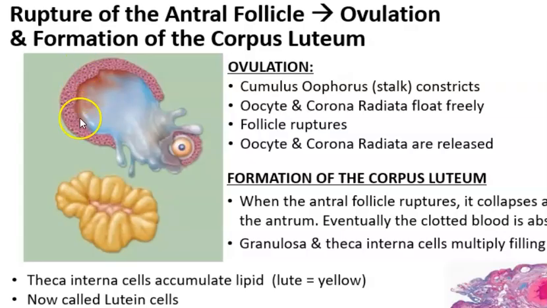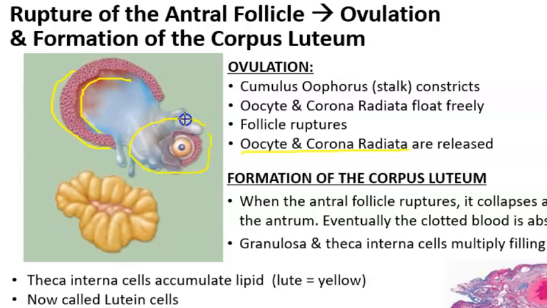But those thecal cells on the outside, the external thecal cells, can also constrict and put pressure on this antrum, and that causes the follicle to rupture. What is released from an antral follicle, and this is what's most important, is an oocyte surrounded by the corona radiata granulosa cells.